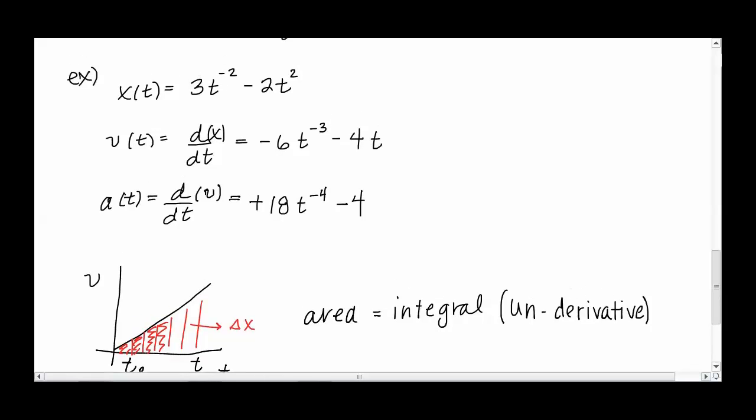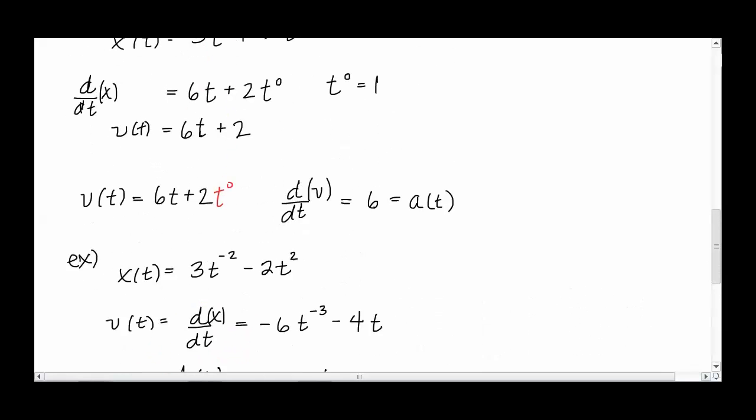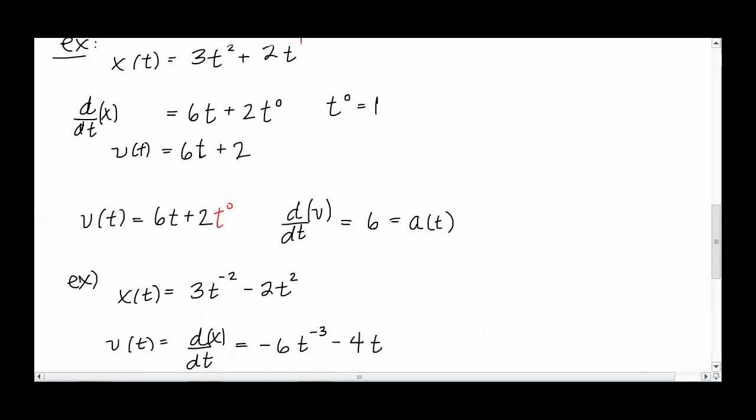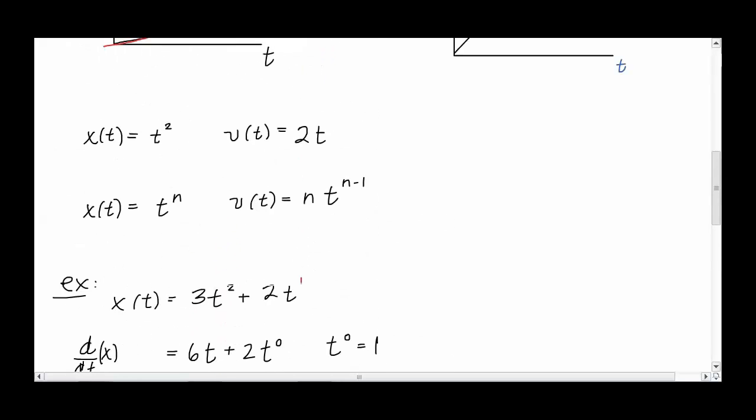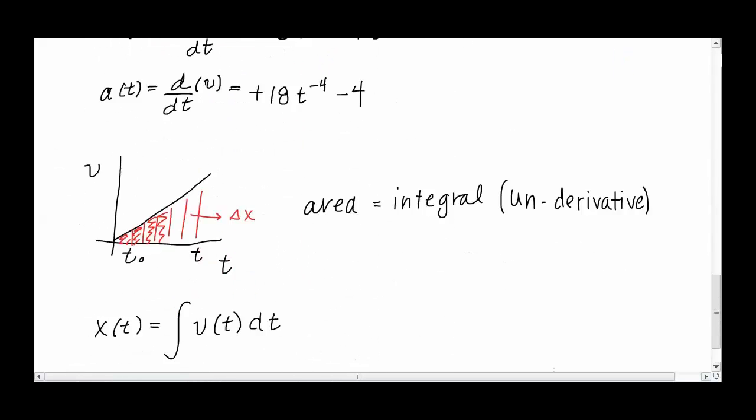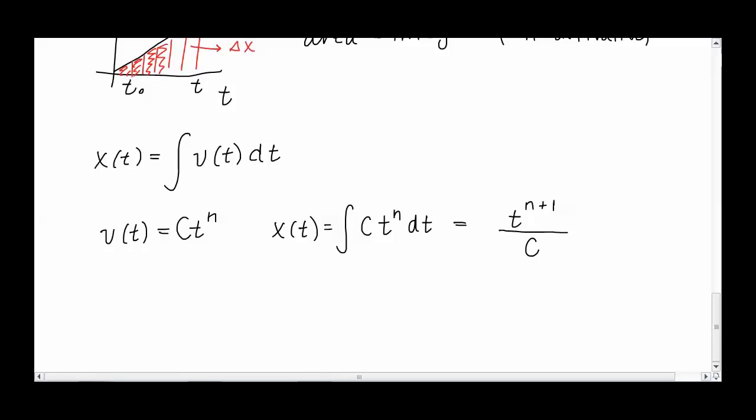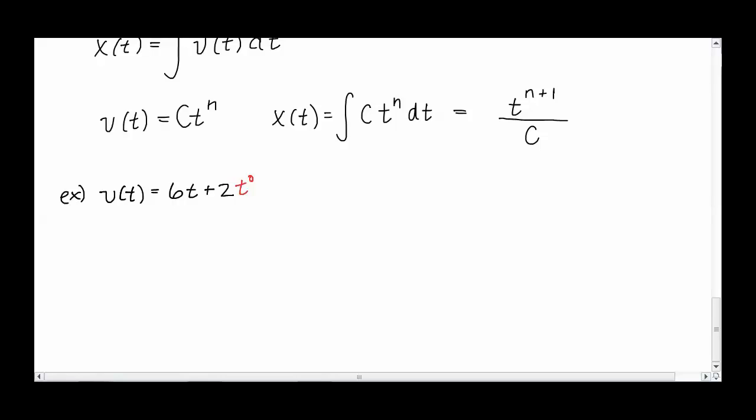So if you look, we can go back up here to one of these functions and see if we go backwards, if we get the same answer. So let's start with our velocity function of 6t plus 2. Remember, that's like 2t to the 0.